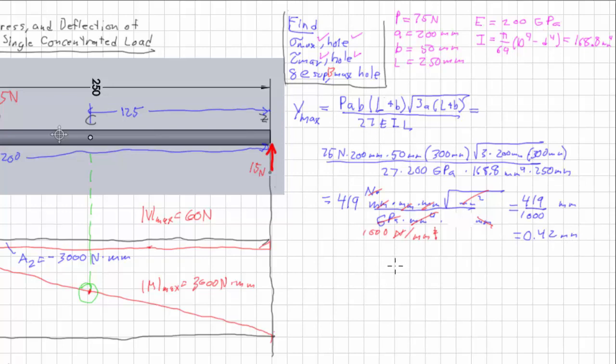Where is it located? Well, there is a formula for that too. It depends on the geometry and where the load is and so on. So we need to use this formula. X1 equals square root of A times L plus B, all divided by 3. And that's the square root of 200 millimeters times L plus B, 300 millimeters.